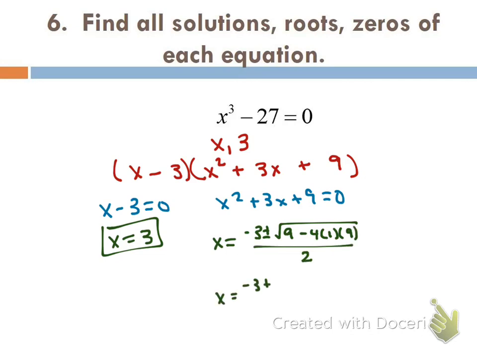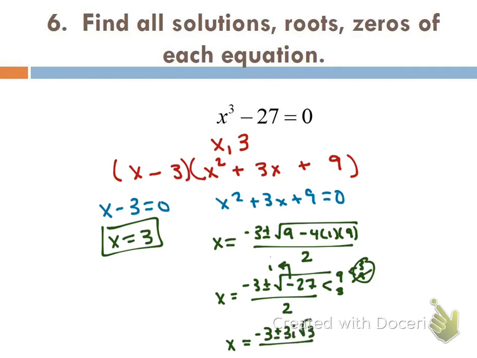So we get negative 3 plus or minus the square root of negative 27 all over 2. I shoot out an i, we get 9 times 3, which is 3 times 3. So we get x is equal to negative 3 plus or minus 3i radical 3 over 2.